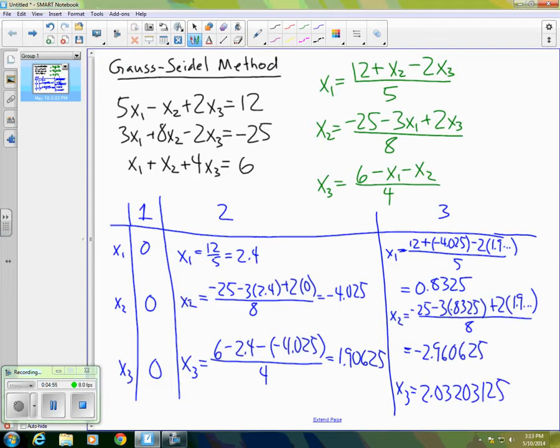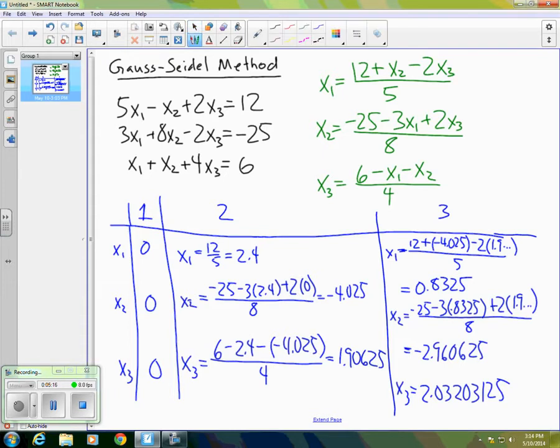Again, remembering that the exact value of x1 is 1, we're off by a ways there. But for x2, the actual value is negative 3, and you can see we're pretty close. For x3, the actual value is 2, and so we're quite close there.